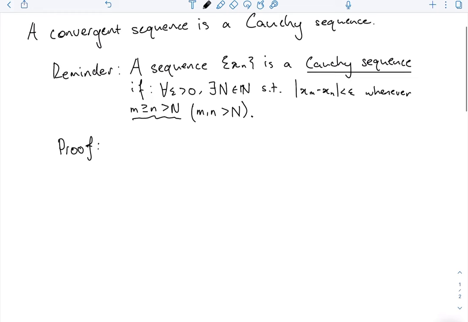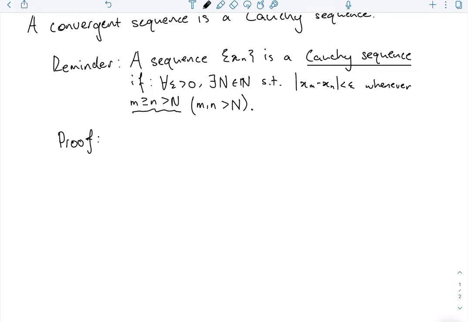We start off with xn being a sequence that converges. So let xn be a convergent sequence.